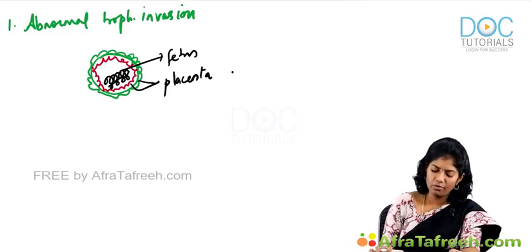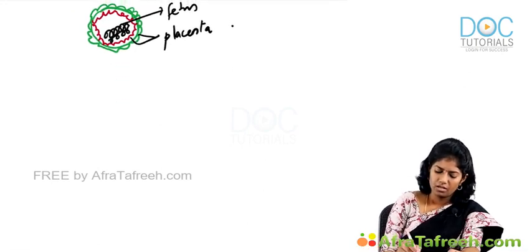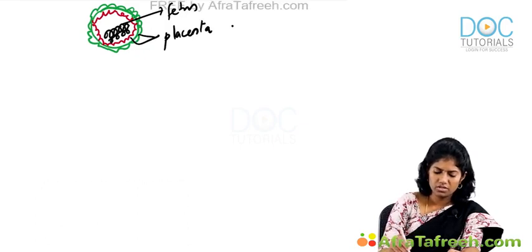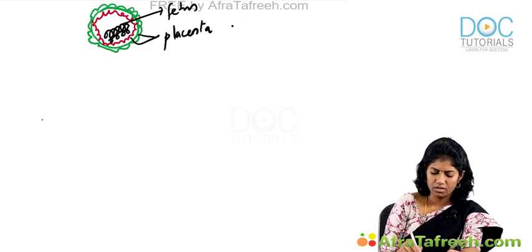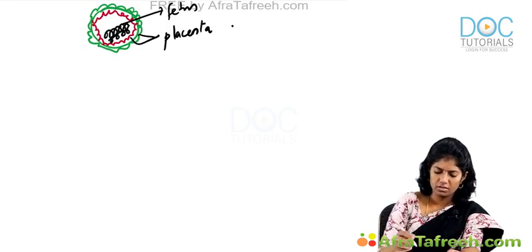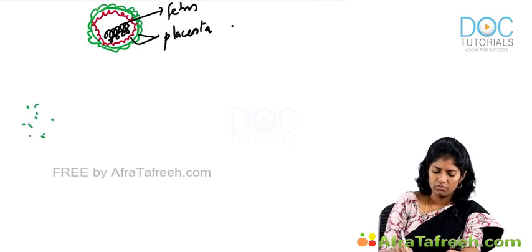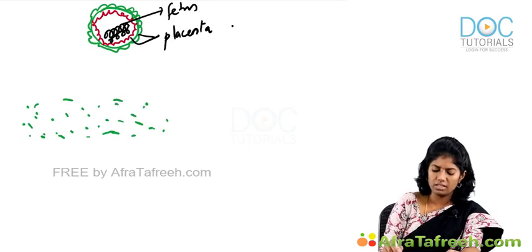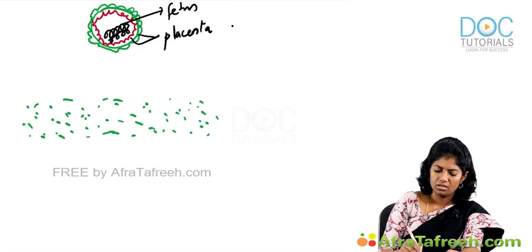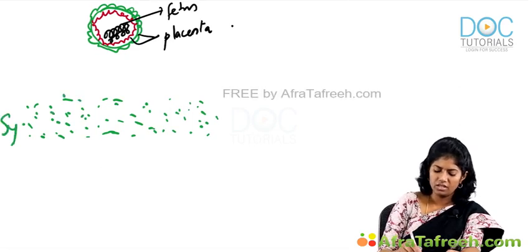Now, when villi formation occurs, say this is the syncytial trophoblast, which is the outer layer. Within the syncytial trophoblast, we form empty spaces called lacuna.